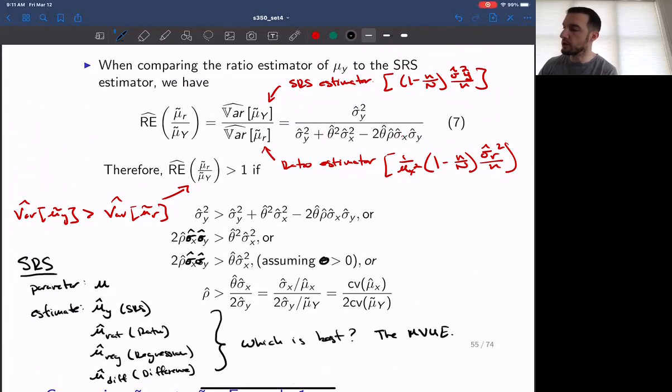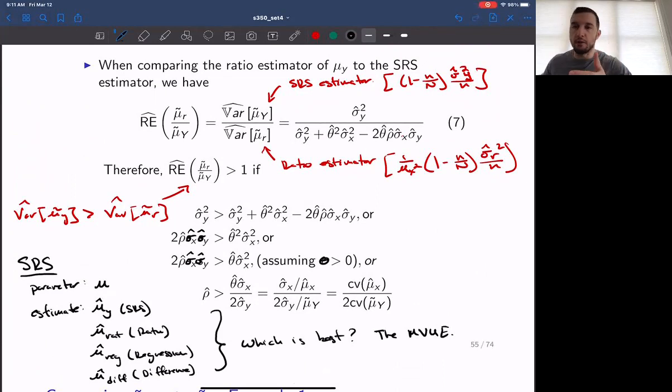So this is the ratio estimator over the simple random sample estimator. Now you can see that the relative efficiency of the ratio estimator to the SRS estimator is equivalent to the variance of the SRS estimator divided by the variance of the ratio estimator, which can be further simplified as shown in equation 7.